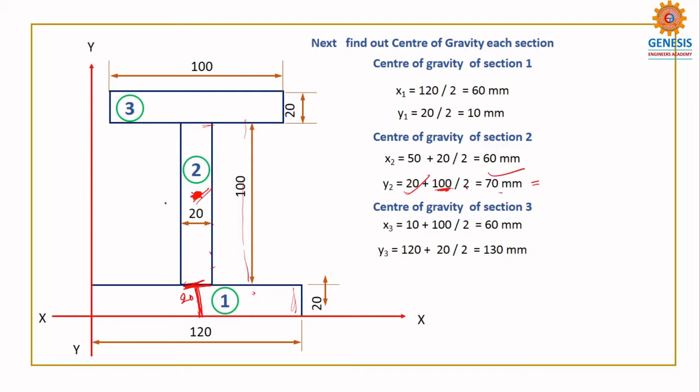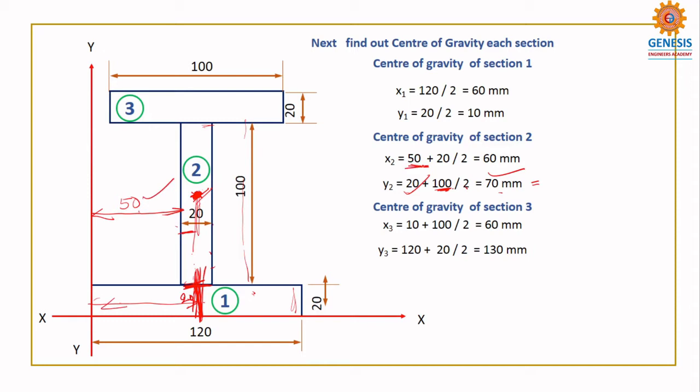So from this dimension it is at a distance of 50. I can also use this one. This is 60, so this line is also 60 and this part is 10. So this is 60 minus 10, which is 50.